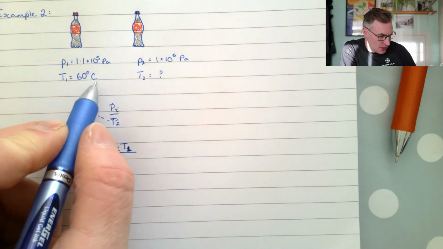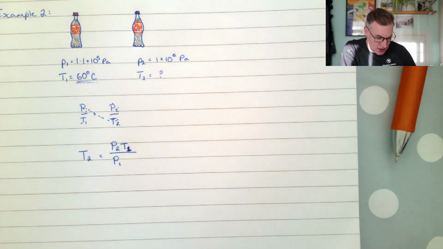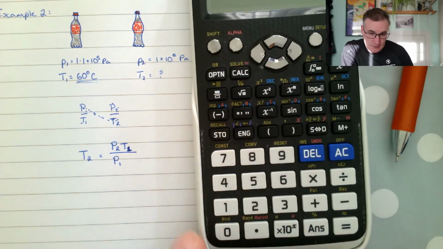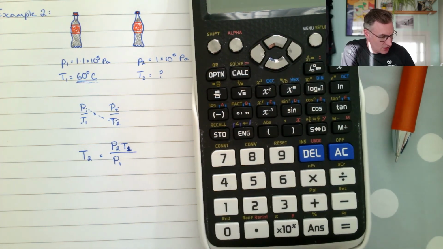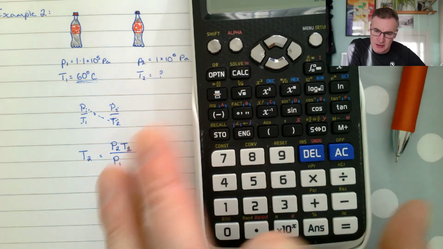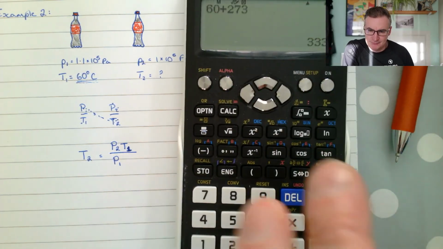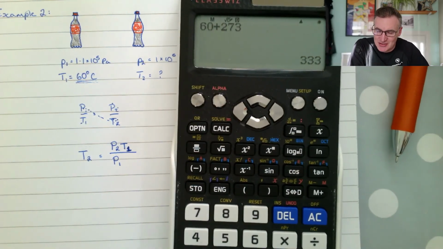Now, don't forget that 60 degrees, we're going to add on 273 to get 333 Kelvin.